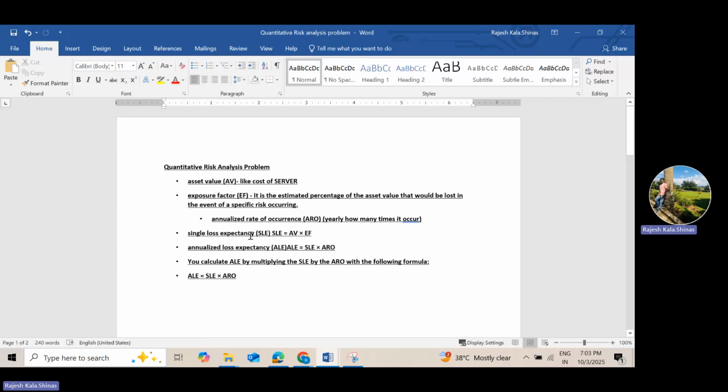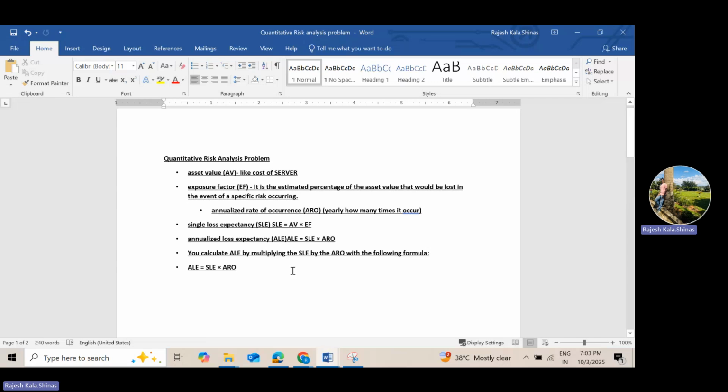Single loss expectancy equals asset value into exposure factor. Then annualized loss expectancy, ALE, means in a year how much money you will lose. That is SLE into ARO. These are the formulas.